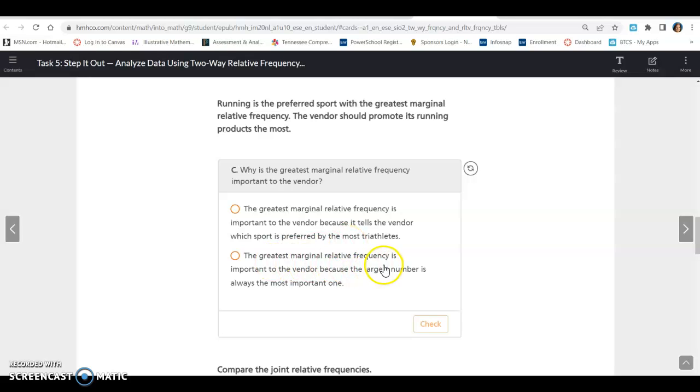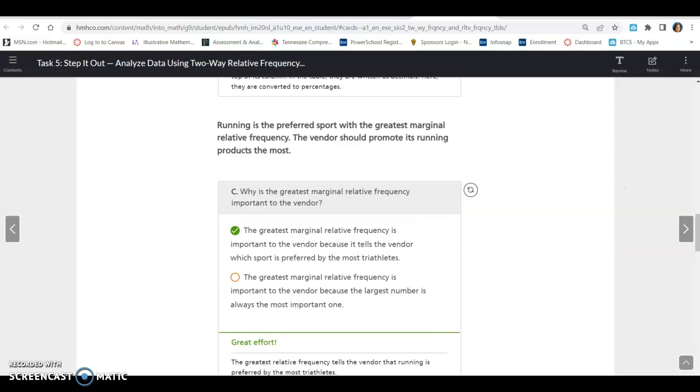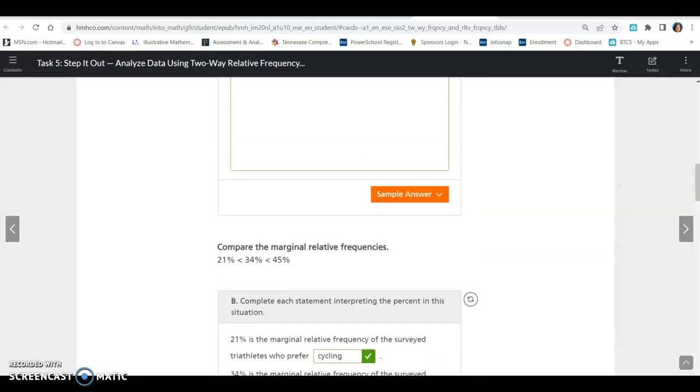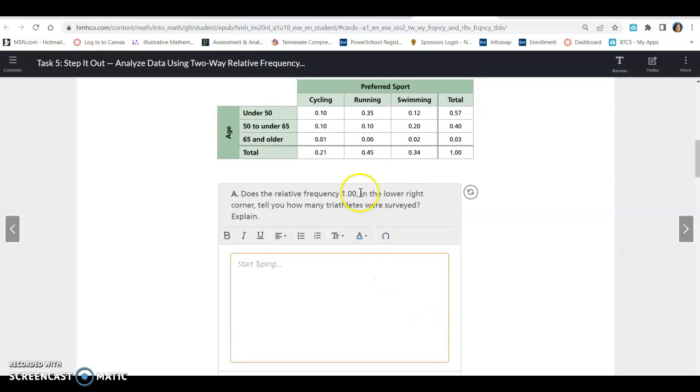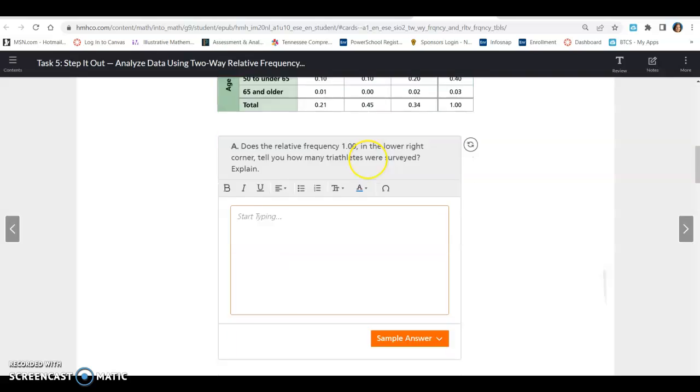Or, because the largest number is always the most important. For this one, it tells the vendor which sport is preferred by most athletes. So the table tells us that 45% prefer running.